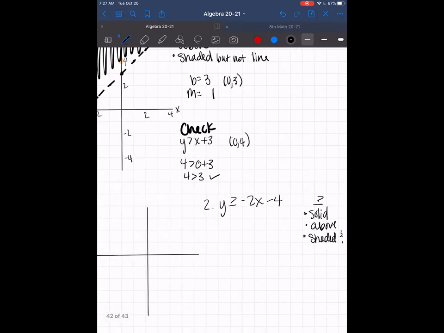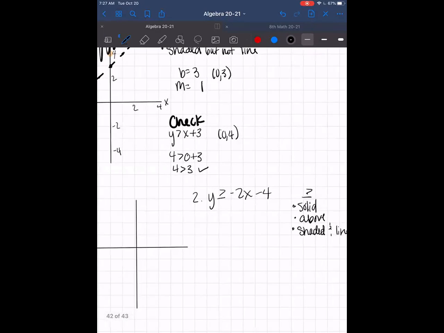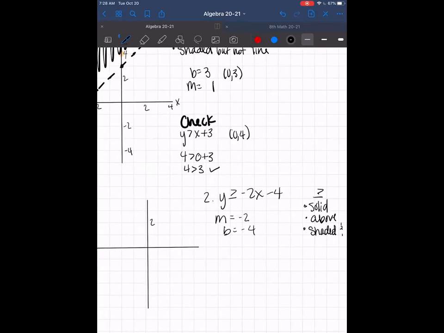Okay. So my m and my b, because it's already in y equals mx plus b, my m is negative 2, my b is negative 4. So if I have my lines of 2, 4, 2, 4, negative 2, negative 4.